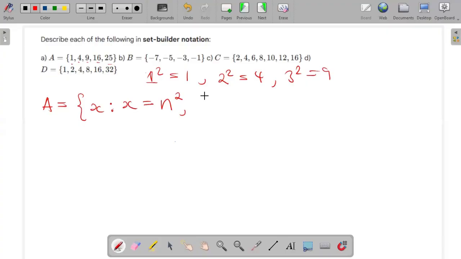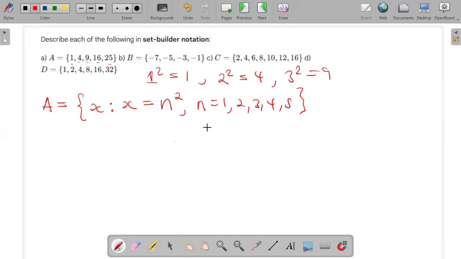So n is a member of, I can list those numbers, that is n is equal to 1, 2, 3, 4, and 5. You could write it like this.